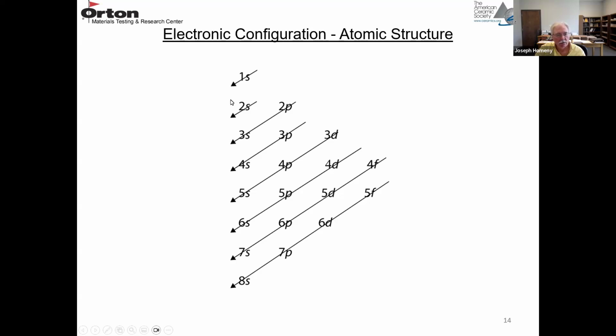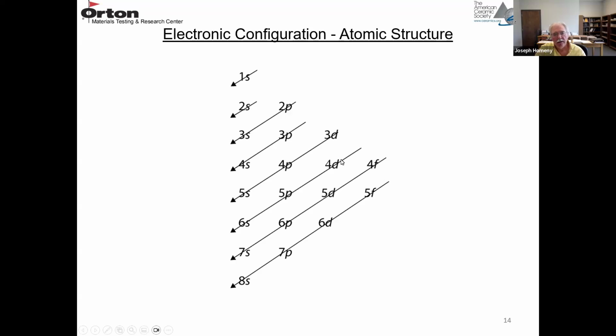And now that level 2 is filled, we go to 3p, 6 electrons, to 4s, the 2 electrons. And then next is 3d, which is another 6 electrons. So now we have the third level filled. And then we go to 4p, and then finally 5s.